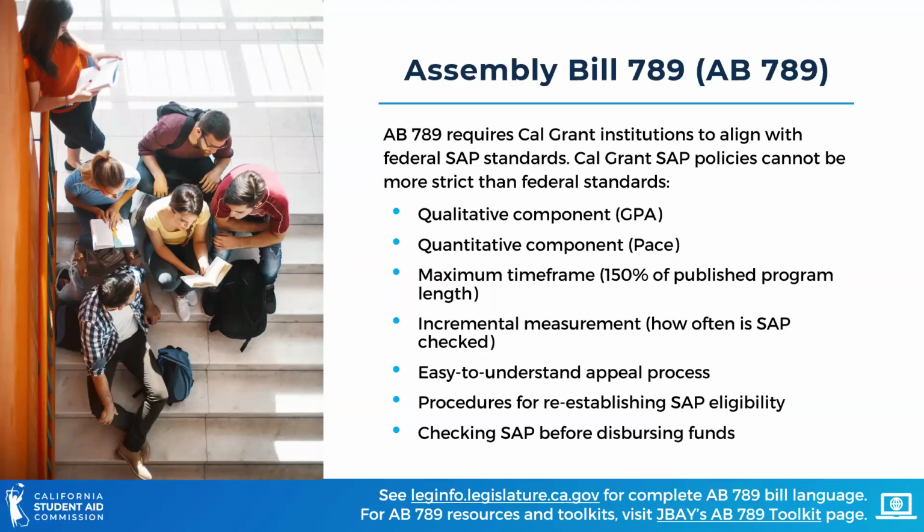If you are still refining your SAP policy, make sure it's in alignment with AB 789. John Burton Advocates for Youth has a really helpful toolkit, and we've linked that at the bottom of the page here. So I recommend using that link and following what guidelines JBAY has provided.